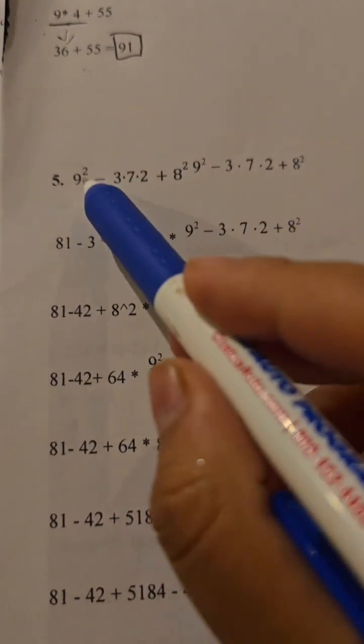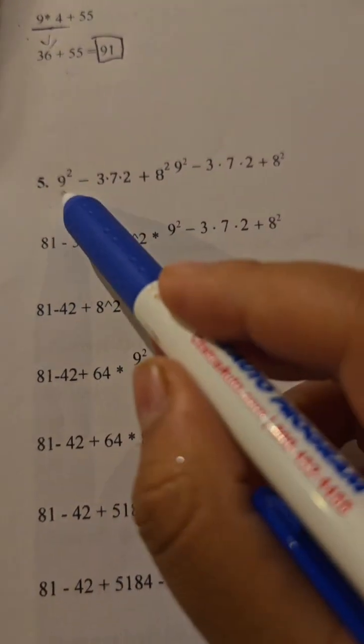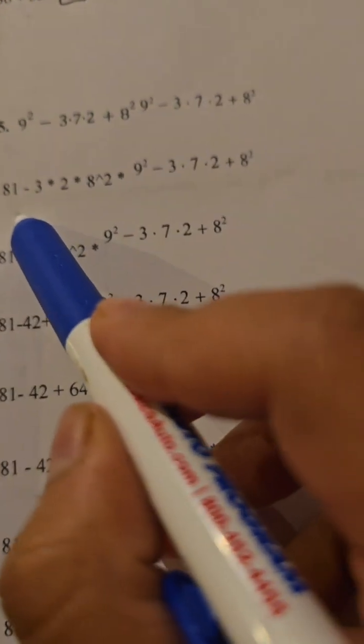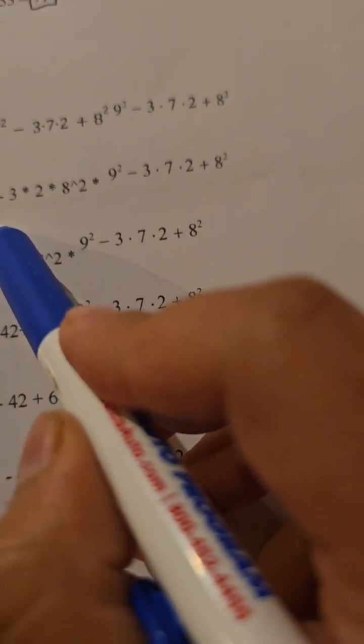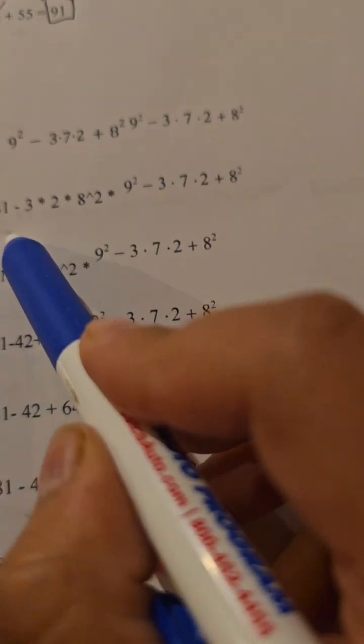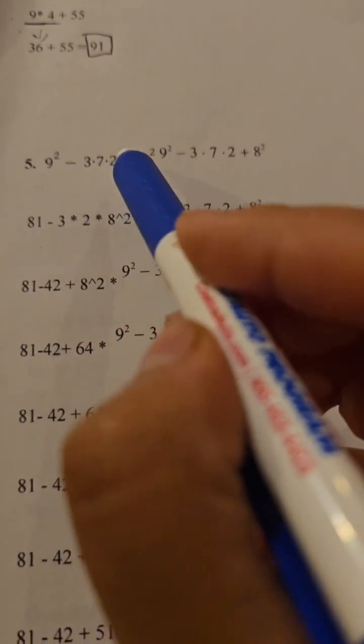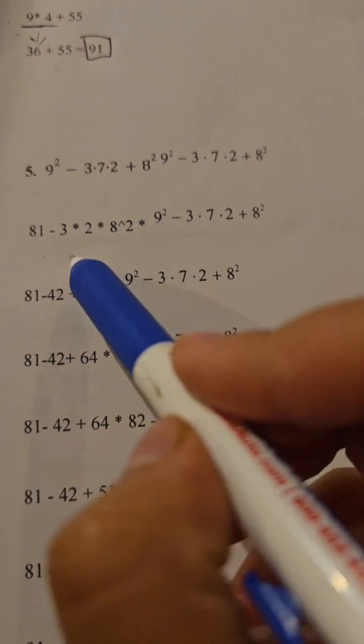right over here. Just because it has an exponent is the first one, we're going to do left to right. So 9 with the power of 2 would be 9 times 9. It would equal 81. So then here we're going to multiply, I think I wrote this wrong.